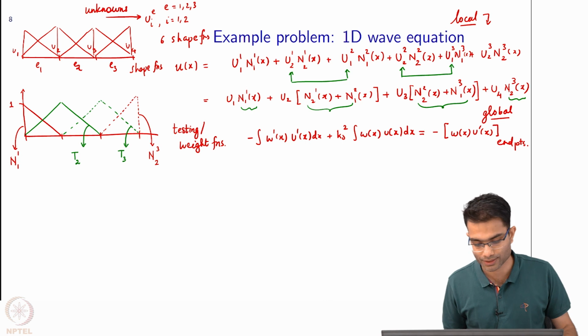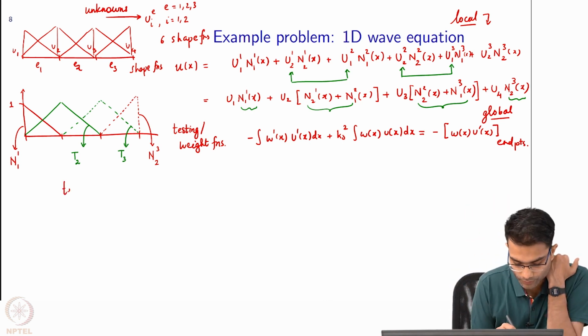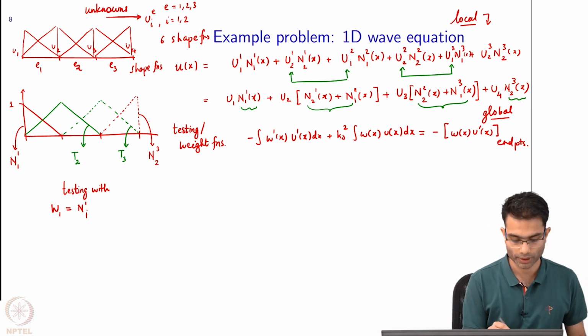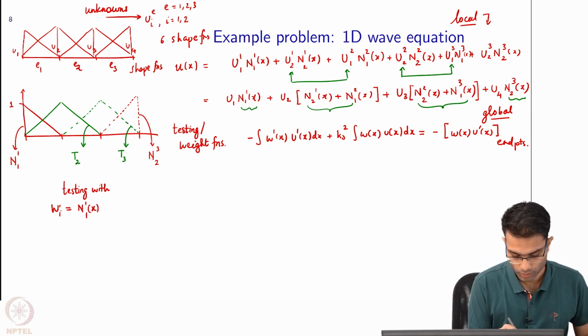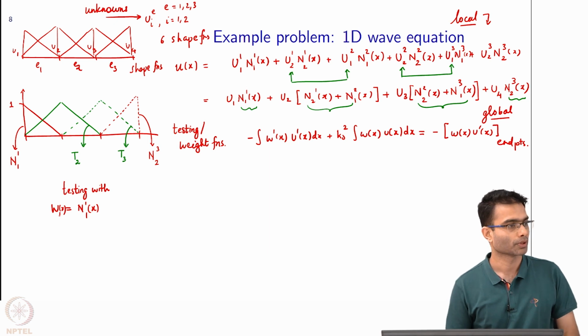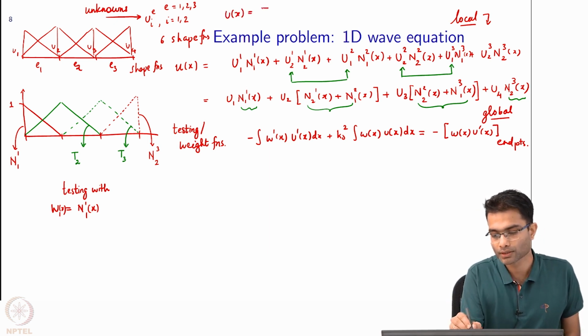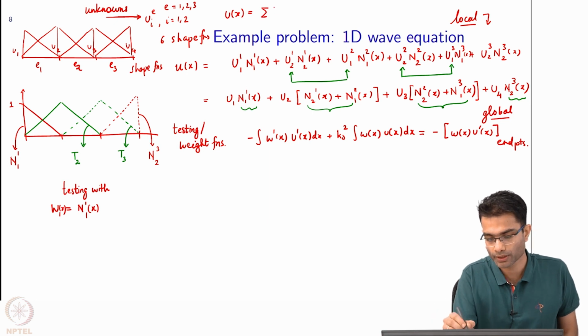Okay, so let's do testing with the first weighting function, which is equal to n1, that's my W1. U continues to be, so u of x, we will continue to write it in this form, right? Sum of U i e n i e x.